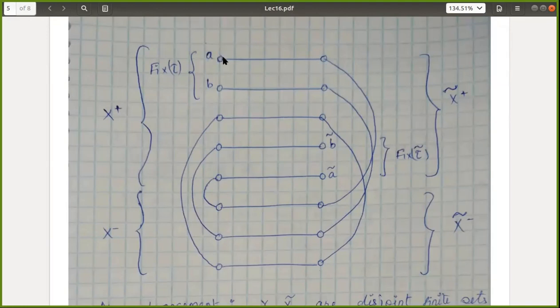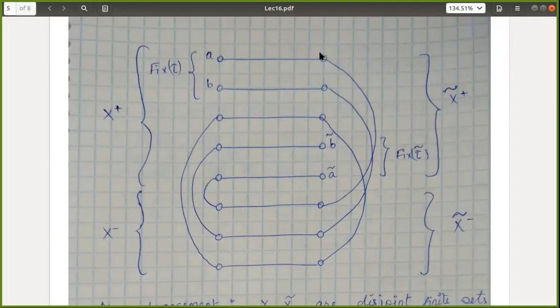Now, when I start with a fixed point of x, let's say a, then it goes to something in x tilde. I come there. Now I see where the involution takes it. So the involution would either have not done anything to it, in which case I stop here, right?